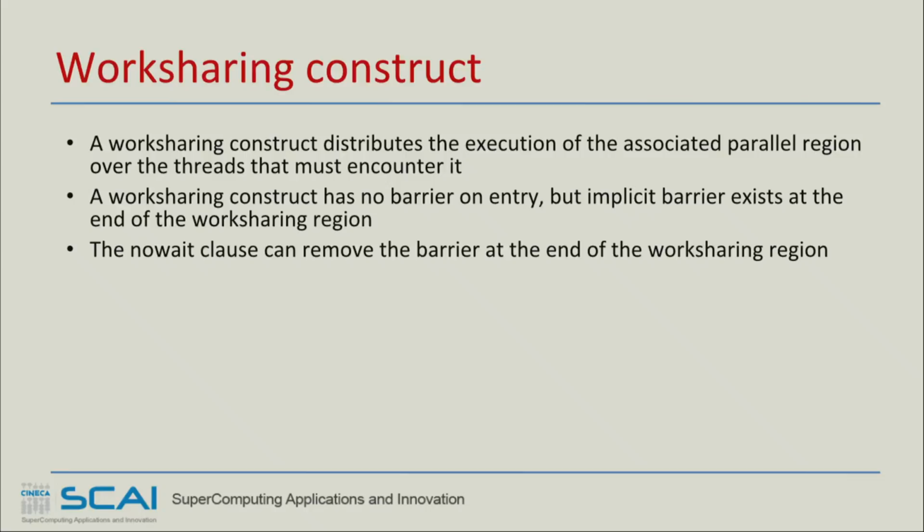So there are some work sharing constructs that distribute the execution of a given parallel region to the different threads. Typically, the character of those work sharing regions is that they have an implicit barrier at the end of the work sharing region, and this barrier can also be removed adding a no-wait clause.